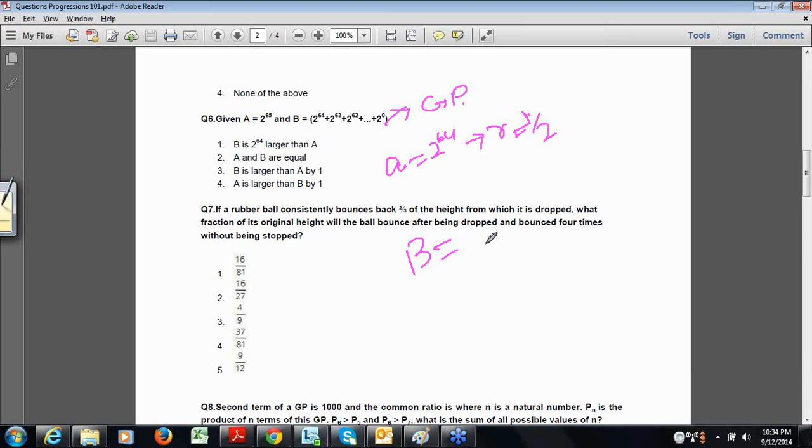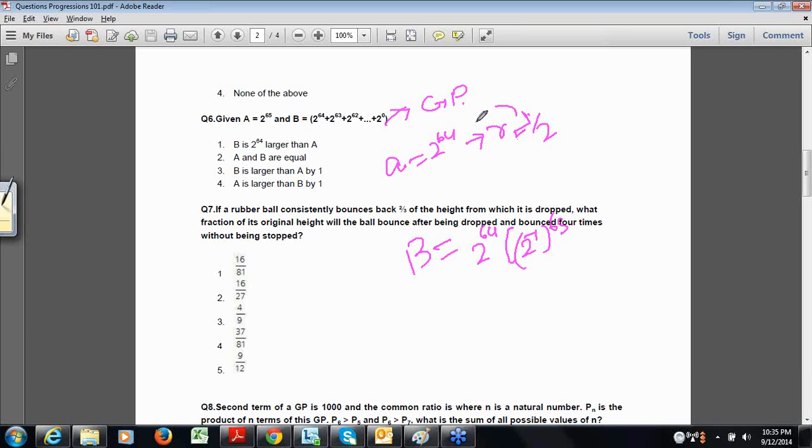Or in fact we can do it in a slightly different way.